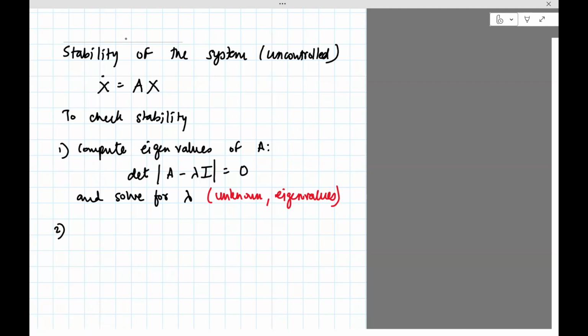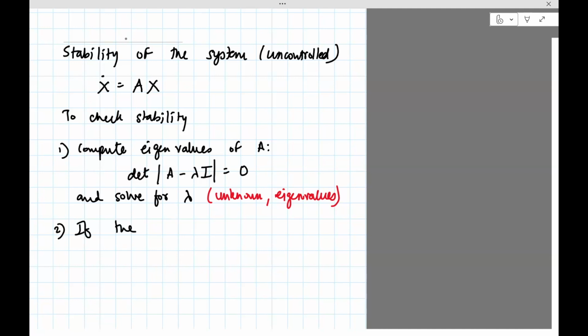So a fourth order equation could potentially have real eigenvalues or complex eigenvalues. No matter what eigenvalues you have, what you need to do is check the real part of all the eigenvalues.